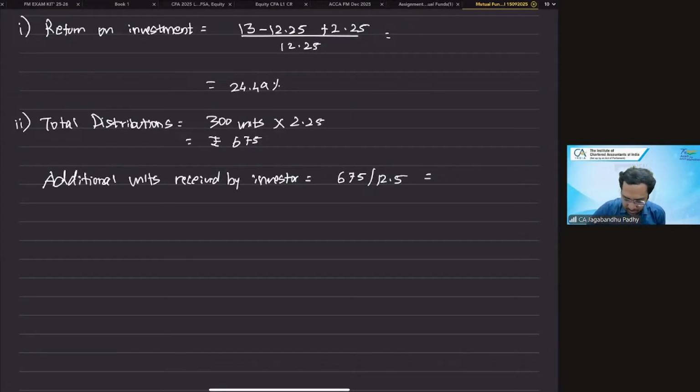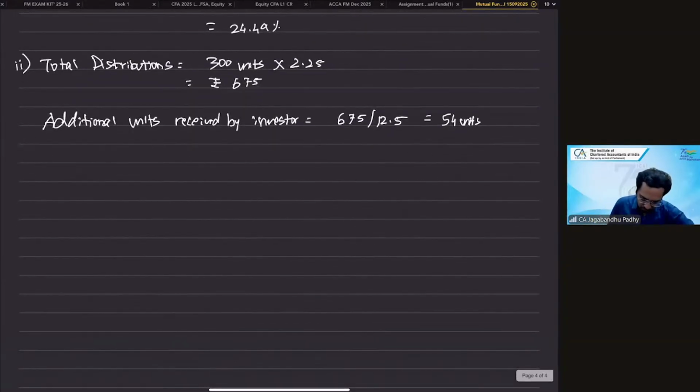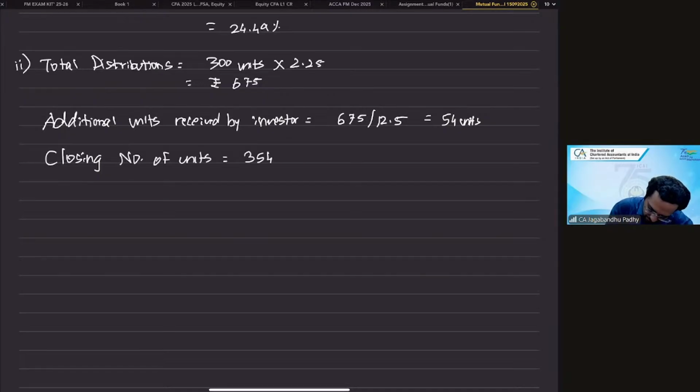How much is this? 54 units. So what is the closing number of units? 354.